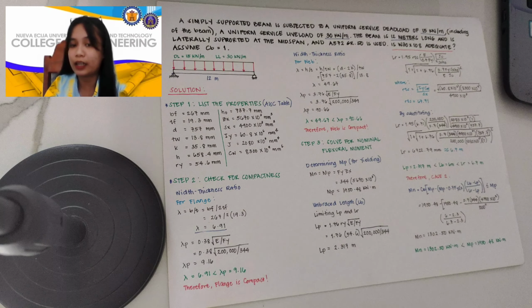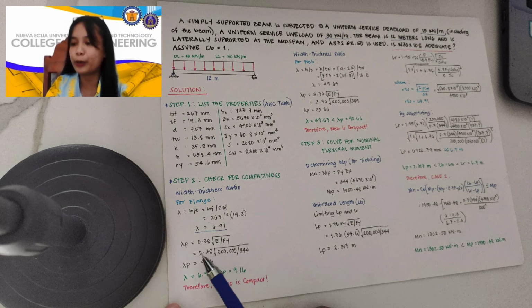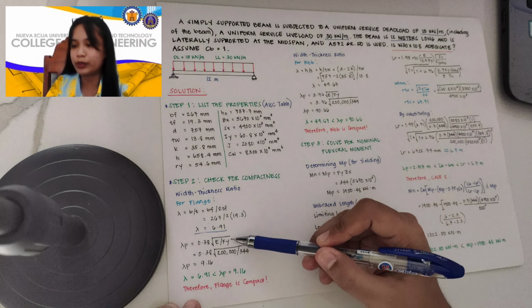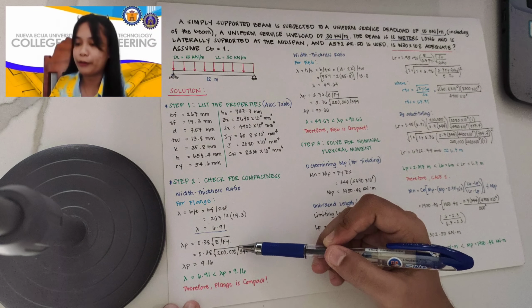So for the limiting width thickness ratio, let's assume first that the element is compact. So bakit ba natin ina-assume na yung flange natin is compact? So mostly kasi kapag galing sa NSCP 2015, the elements are compact. So ina-assume na doon na lahat ng elements doon is compact. Siyempre pag nag-design tayo. So therefore, we will be having the formula of lambda P is equal to 0.38 square root of E over Fy.